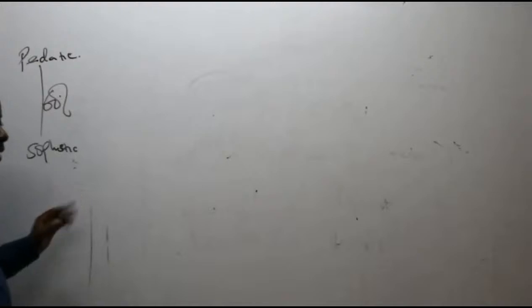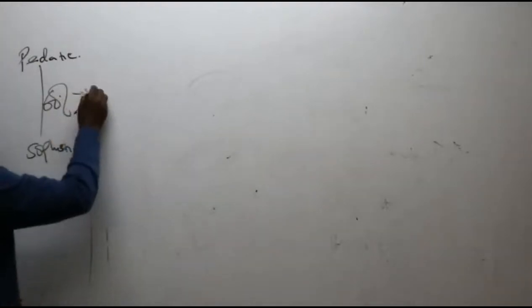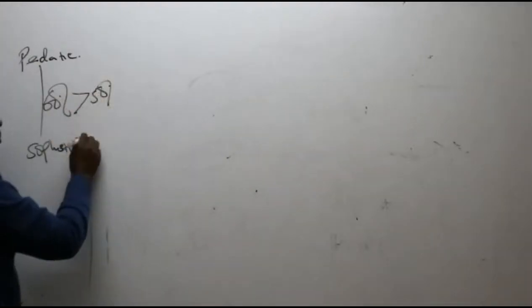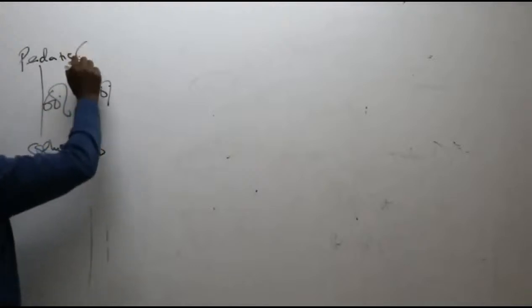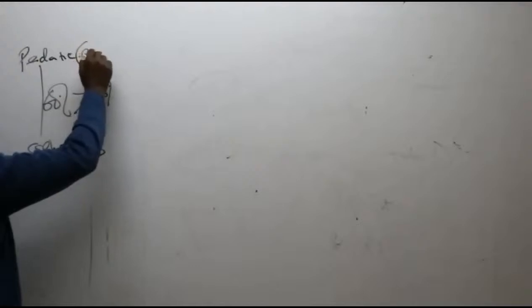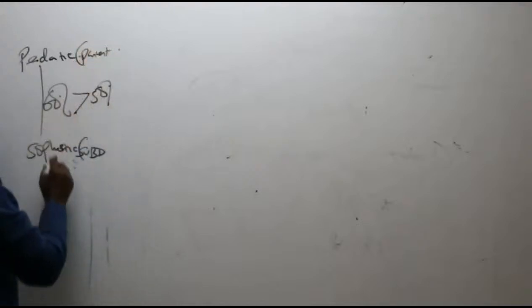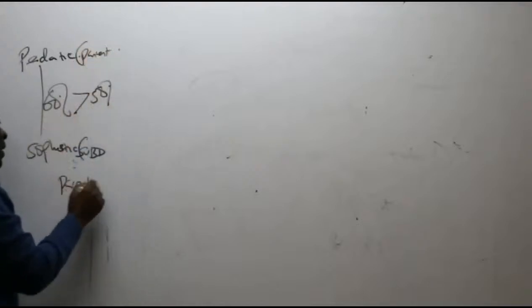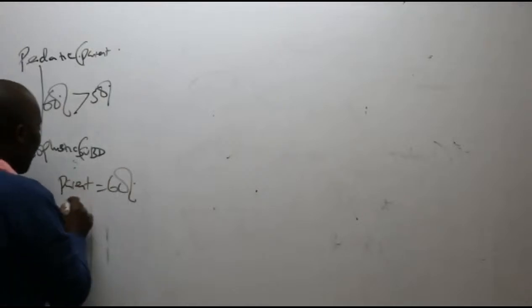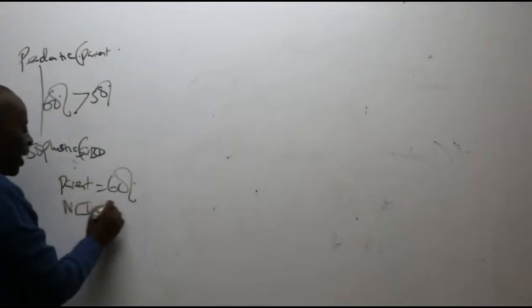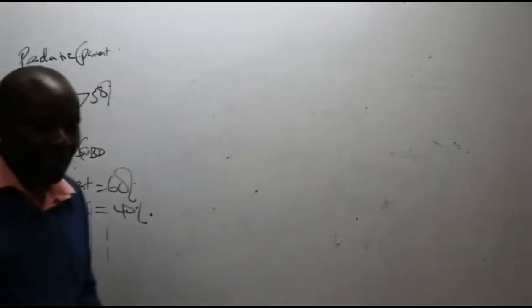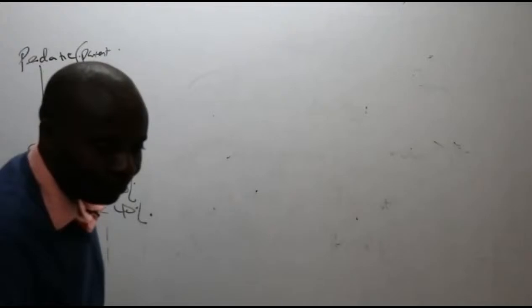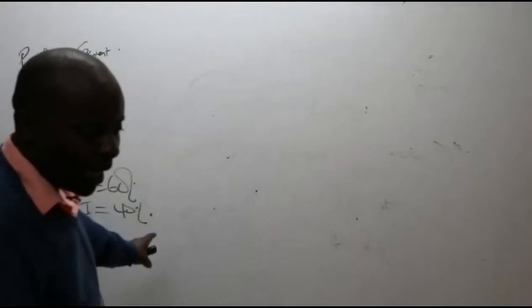So straight away I'll tell this examiner that this is more than 50%, meaning that Sophistic is our subsidiary, and this one here is the parent company. And if the parent has 60% of Sophistic, then straight away there must be an NCI. NCI will be 40%, because the two must add up to 100.